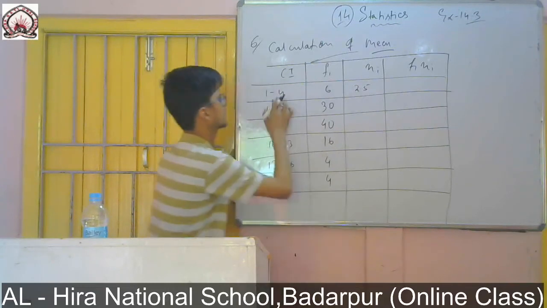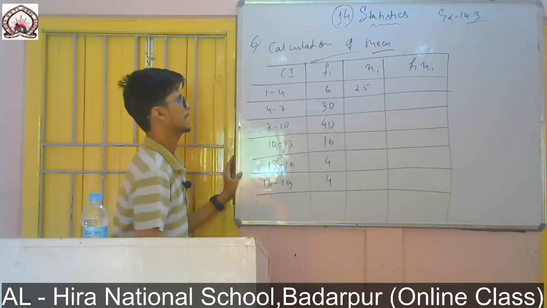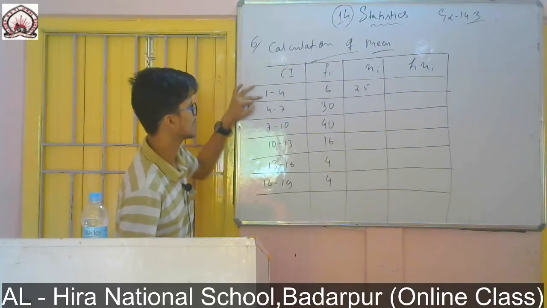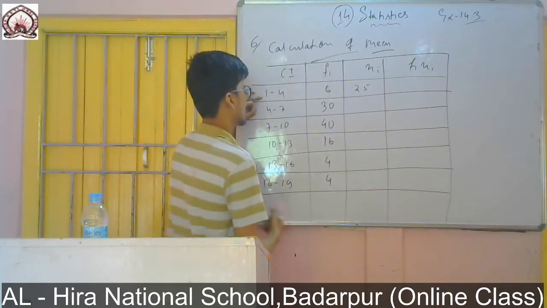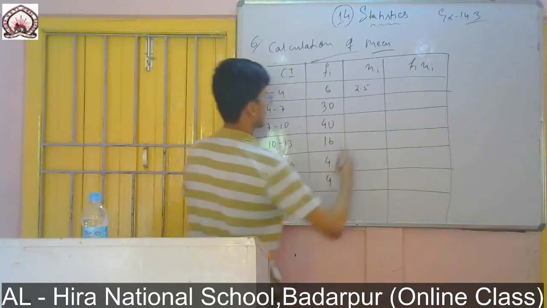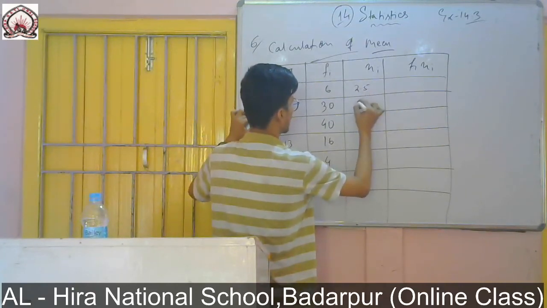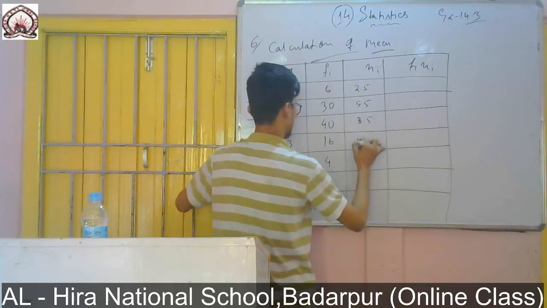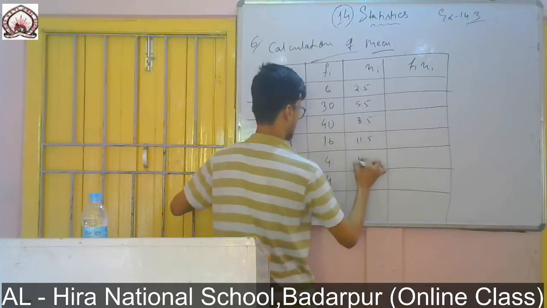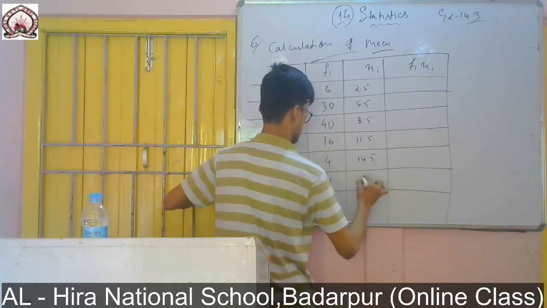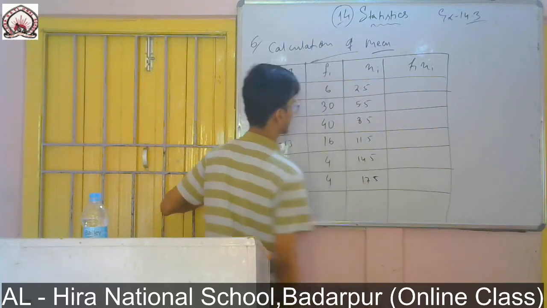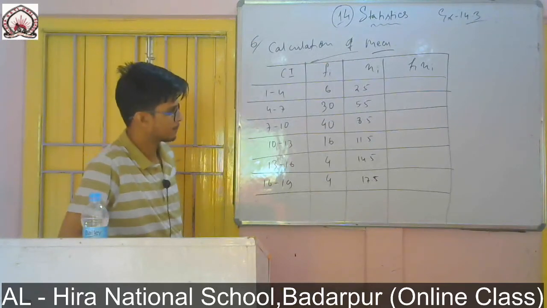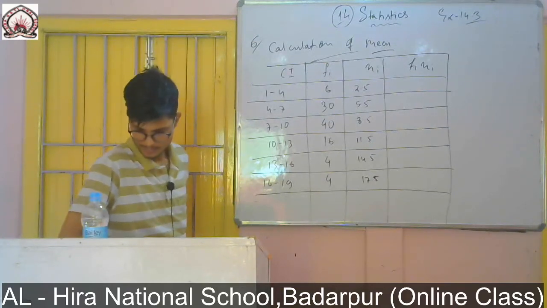So simply I have to add 1.5 to the lower limit. 1 plus 1.5 is 2.5, 4 plus 1.5 is 5.5, then 8.5, then 11.5, then 14.5, then 17.5. So Xi is 2.5, 5.5, 8.5, 11.5, 14.5 and 17.5.